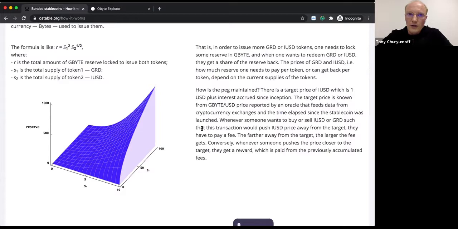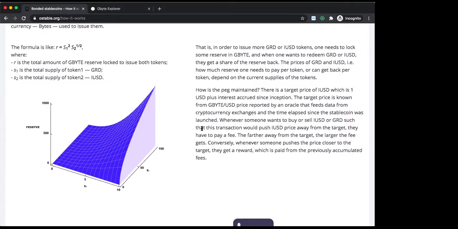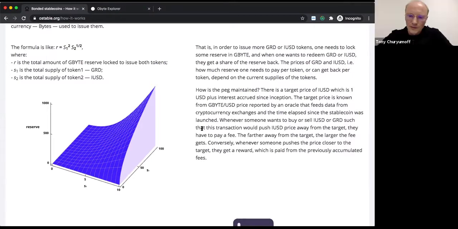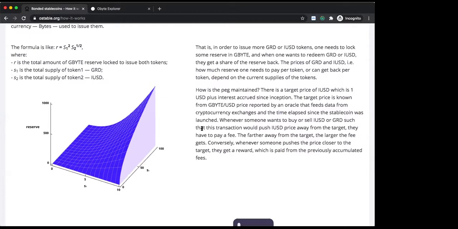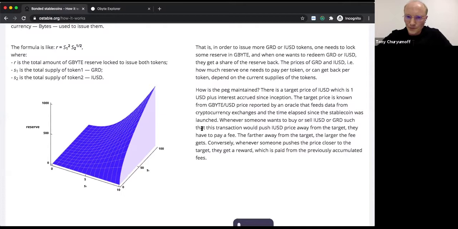And then the one who opens a deposit can later withdraw interest that accrues over time from the deposit. So they can both have a real stable coin and at the same time receive interest from those deposits.